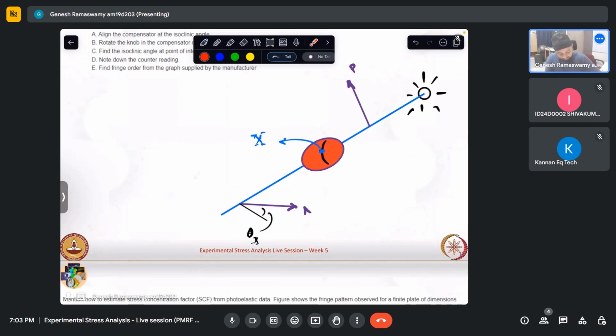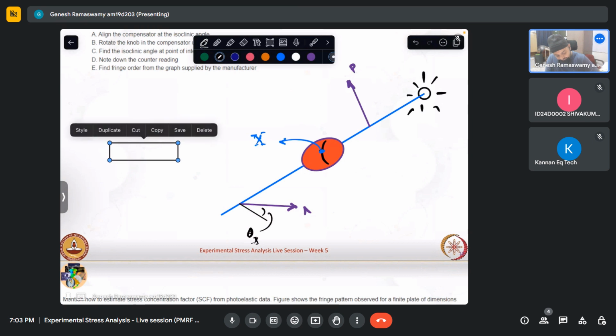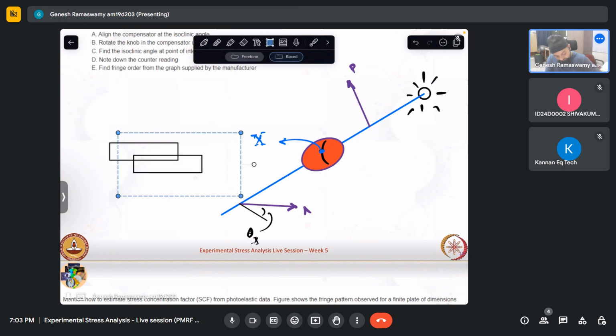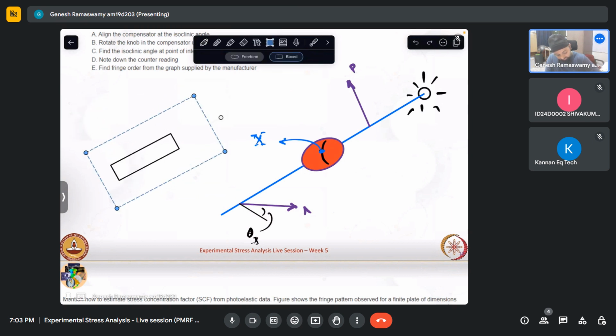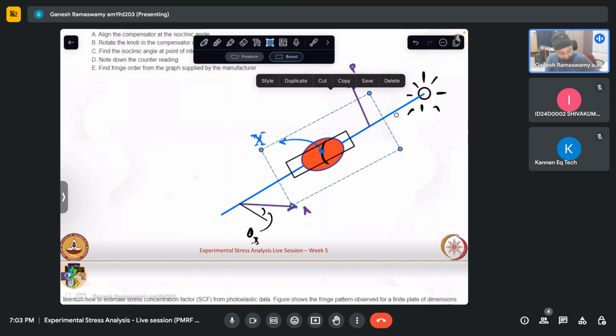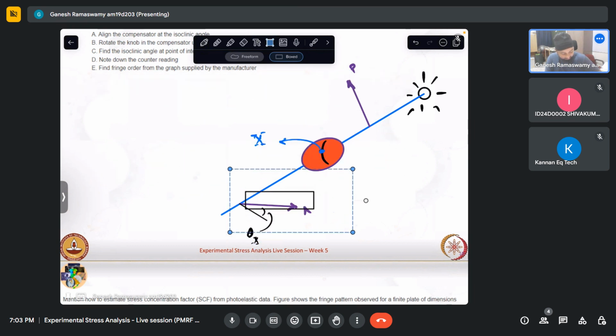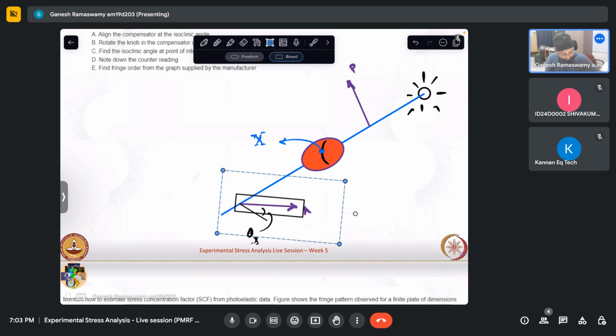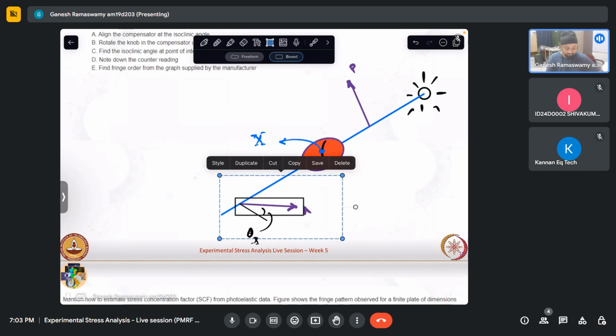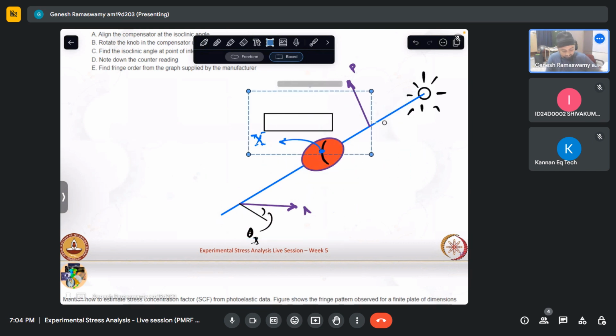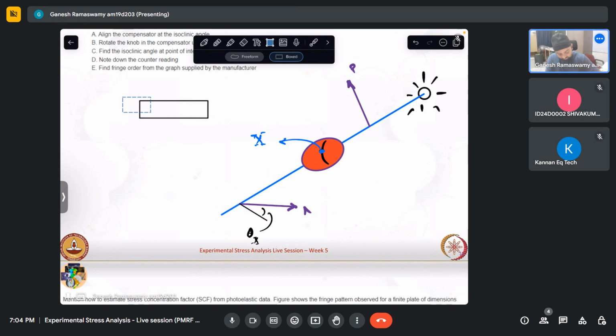Now, once I know theta, I take the Babinet-Soleil compensator. I rotate it at that very angle. Essentially, I keep it parallel to my analyzer and keep it there. It won't be this big, it'll be something like that.